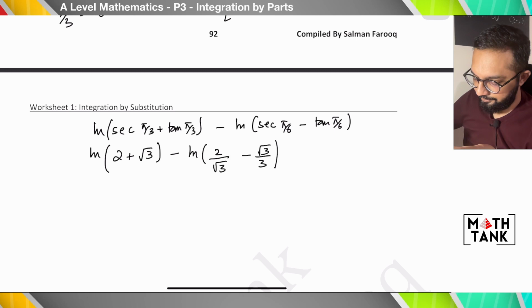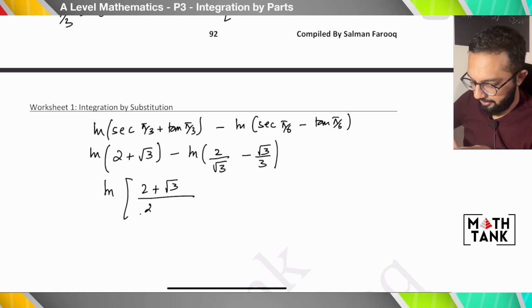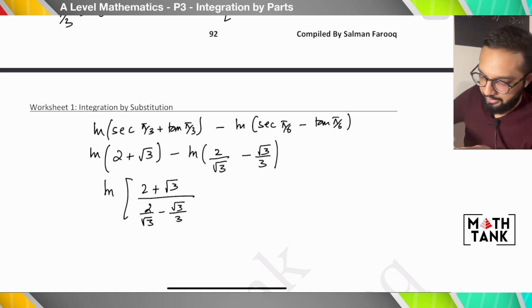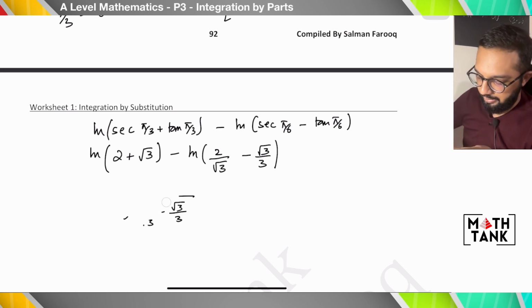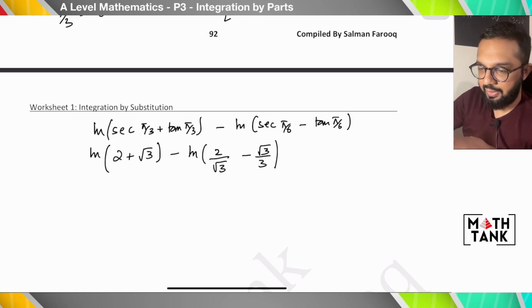Okay. So at the end of the day, this is the single logarithm that I'm going to get: ln of 2 plus root 3 divided by 2 over root 3 plus root 3 over 3. But I think it's wise to simplify these fractions first. The second one is a little complicated, so let's put that on our calculators and see if it gives me an easier answer to work with.